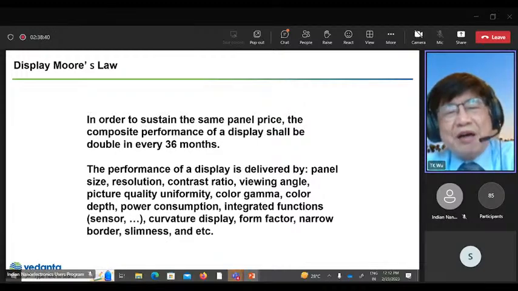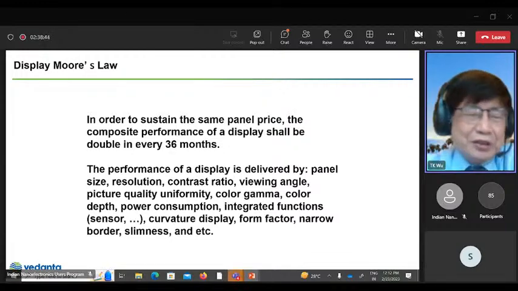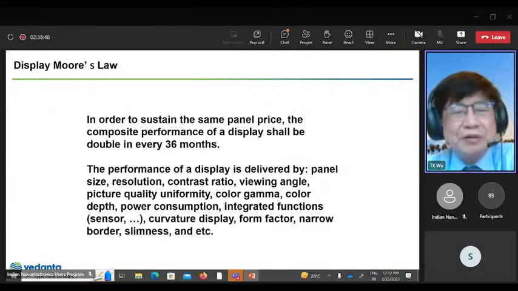The performance of a display is delivered by panel size, 5-inch to 50-inch, which means something totally different to the consumer.